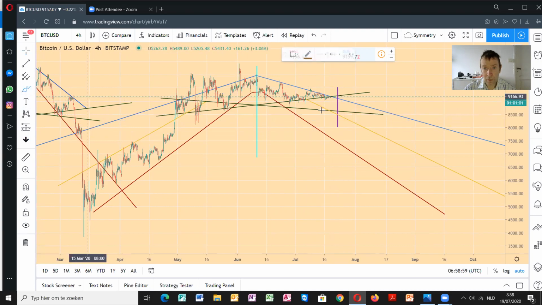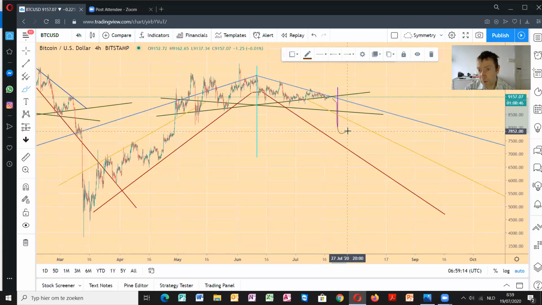And before that happens, we might creep further like this, and then a big decline, and then we move again between the red and yellow trend lines.